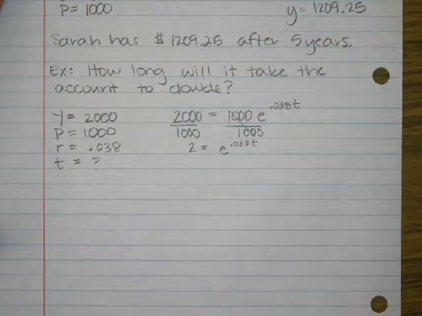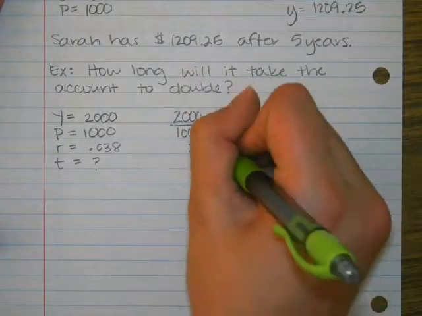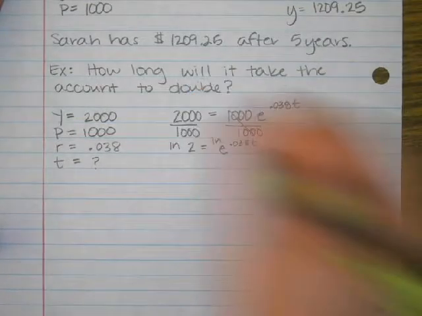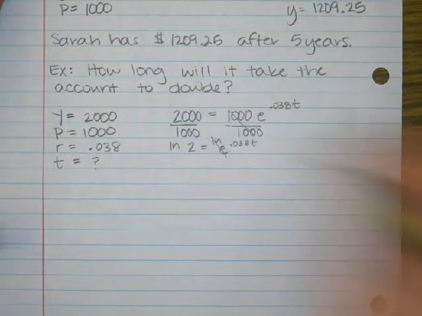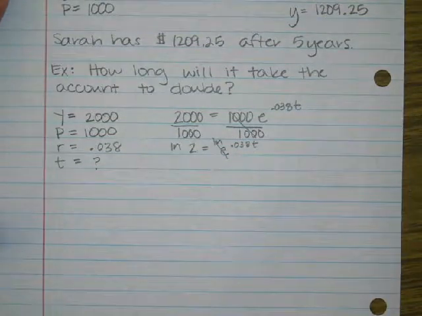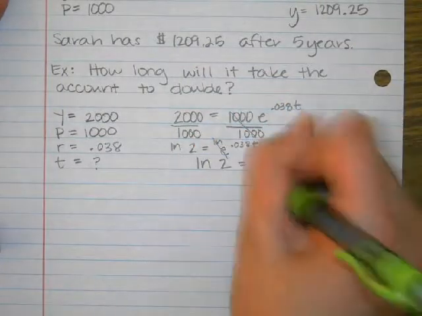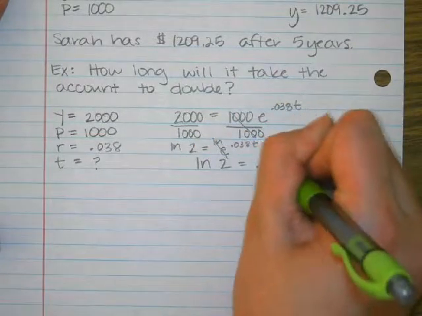And next we want to get rid of the e, so we're going to ln. ln the right side, ln the left side. ln2 equals 0.038t.